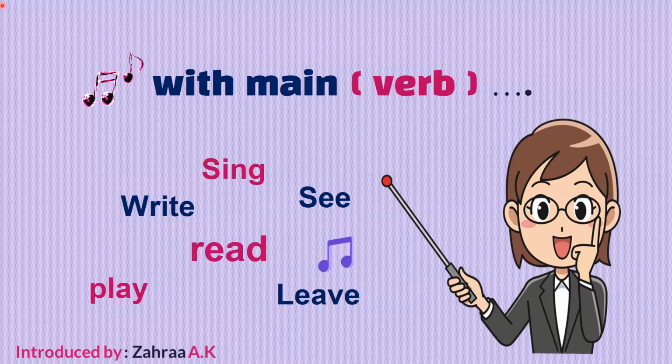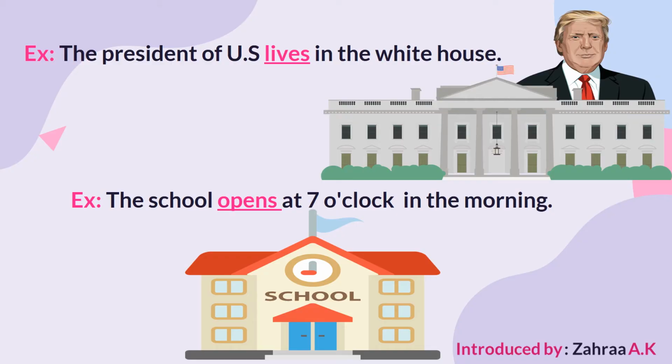In these two examples we notice: the president of the US lives in the White House. The president, رئيس الولايات المتحدة الأمريكية, is one, singular. The president of the US lives.